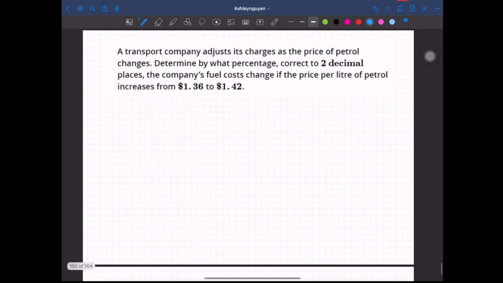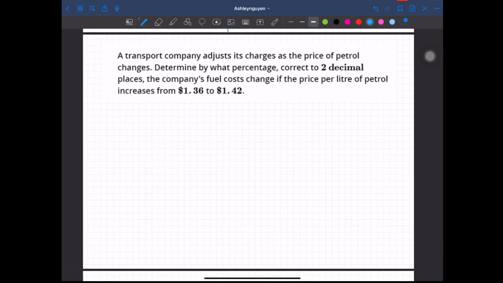Let's have a look at another question. A transport company adjusts its charge as the price of petrol changes. Determine what percentage, correct to 2 decimal places, the fuel cost changes if the price per liter of petrol increases from 1.36 to 1.42. So this one would be the starting value and this one would be the final value.